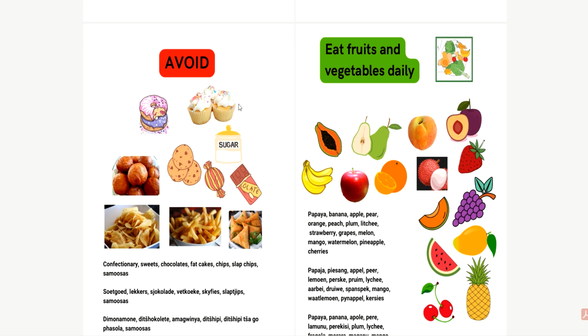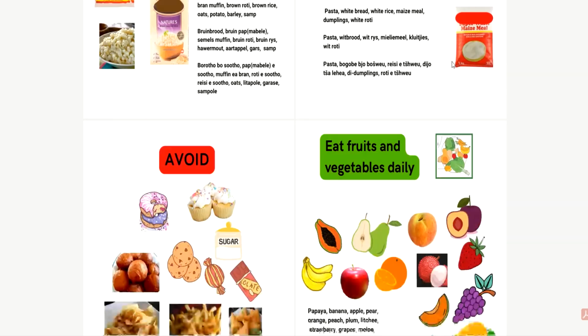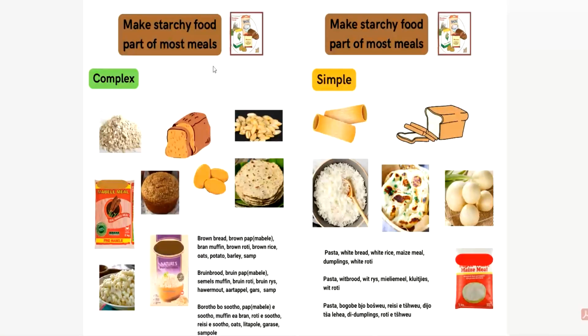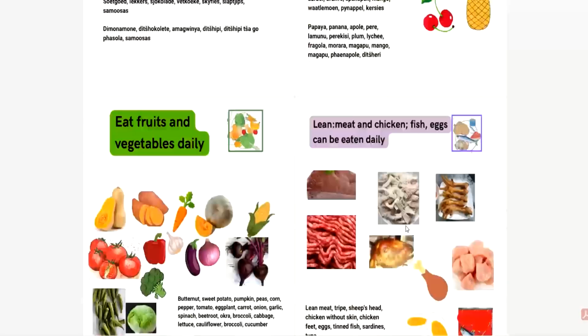For example, and then again with color, I use red to say, okay, avoid all of these starches completely. And then for example, fruits and veg, I put in green, but then again, I color coded each little circle. So with veg, I did green, starch was brown, etc.